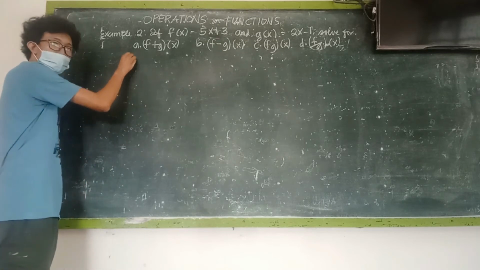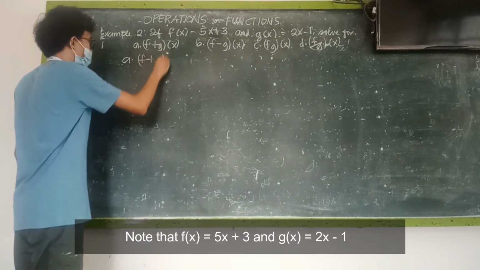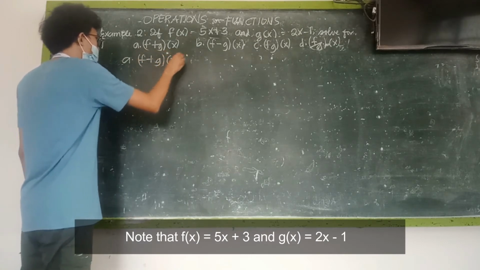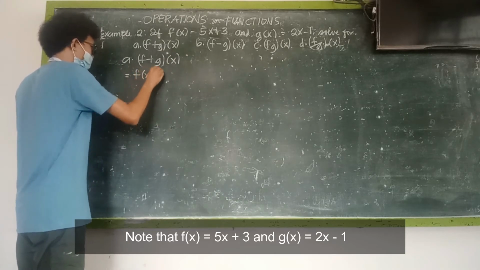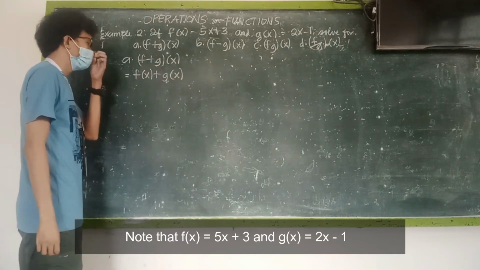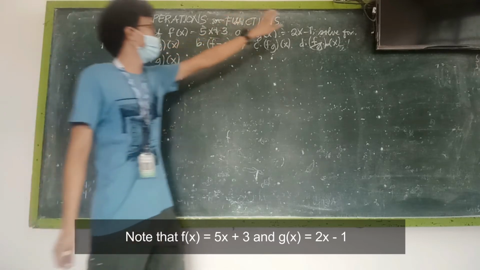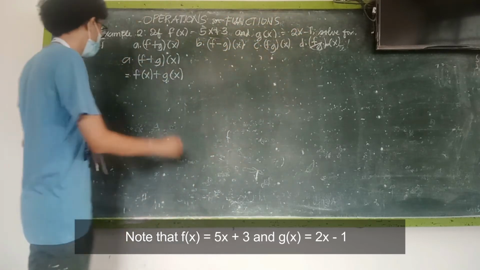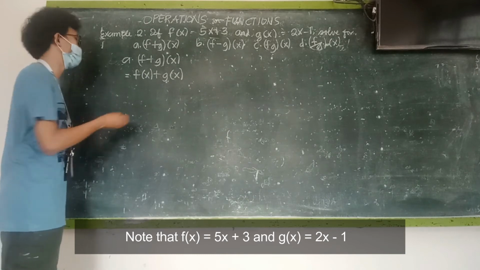So sa letter A natin, we have f plus g of x. So this is equal to f of x plus g of x. So i-add natin ang 5x plus 3 at saka ang 2x minus 1, since those are the values of f of x and g of x respectively.